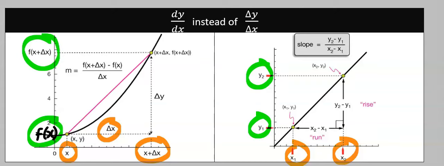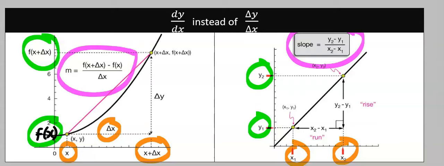And with this development, our slope for a straight line graph will now change to this. At times, mathematicians represent change in x with h.